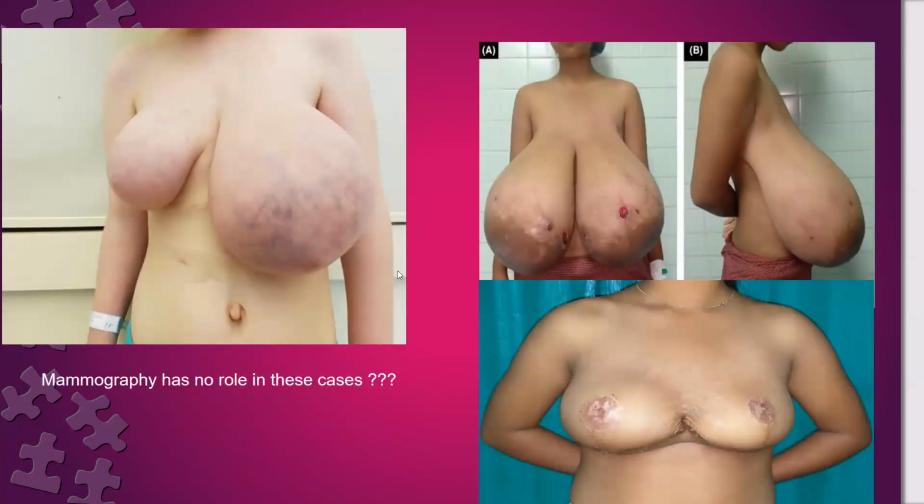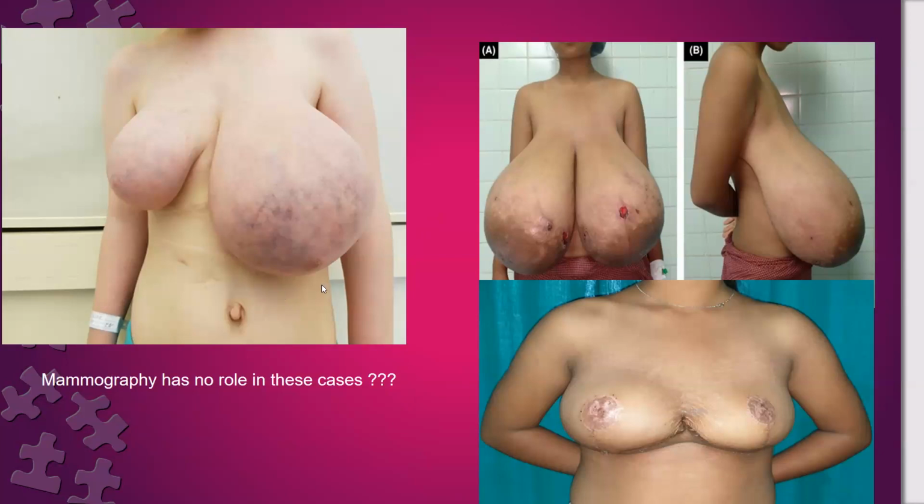And what about these? This is the same lady here, before surgery and after surgery. All are less than 20 years. Look at her face here, part of her face. She's young. Macromastia, same. These all are the same.